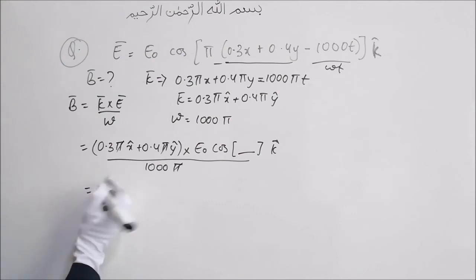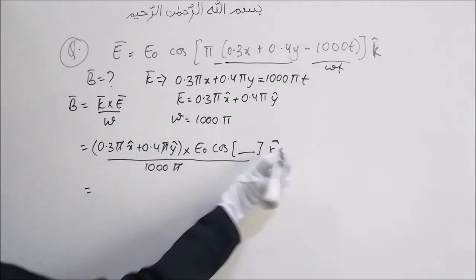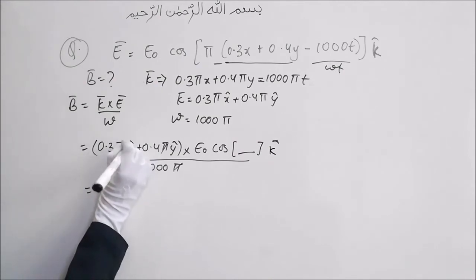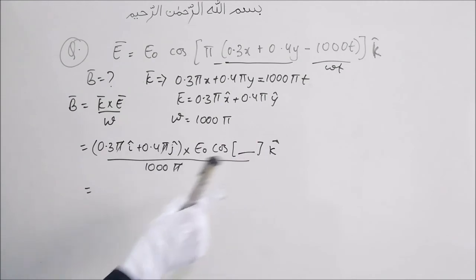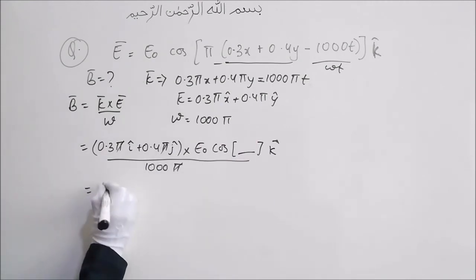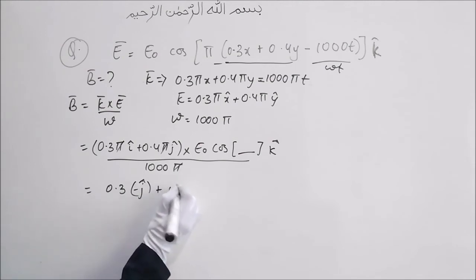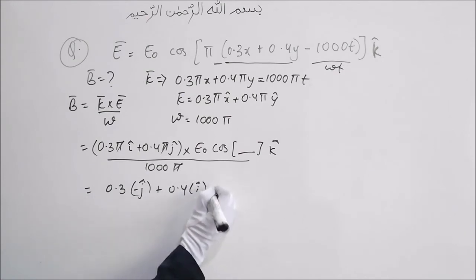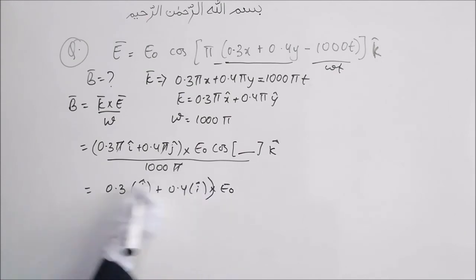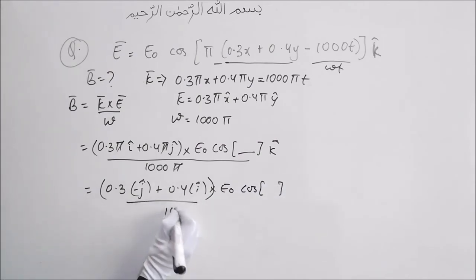Pi and pi cancel. Let's take this as i hat and this as j hat. i cross k will be minus j, so you'll have 0.3 times minus j hat plus 0.4 times j cross k, which is plus i hat, into E naught cos of this term divided by 10 raised to 3.